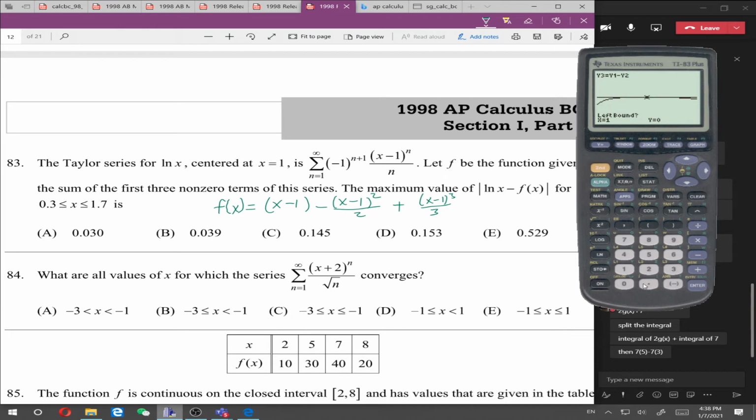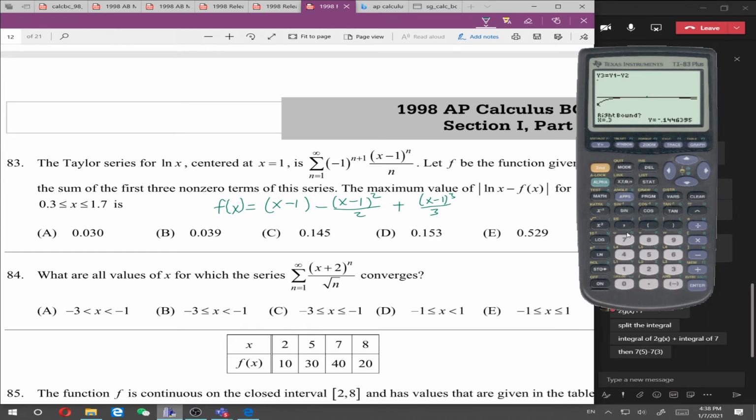There we go. Left bound 0. Oh, I started at 0.3. Left bound 0.3.